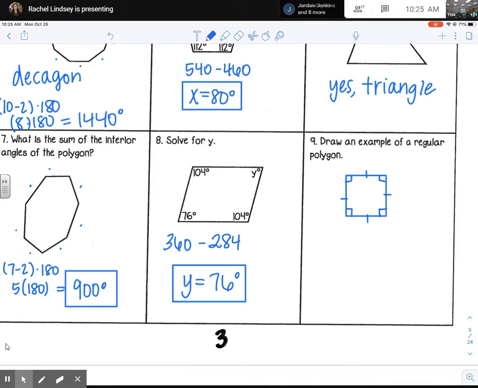You could draw an equilateral triangle, with all the same sides and angles. Basically, any polygon with the same side lengths and same angles.